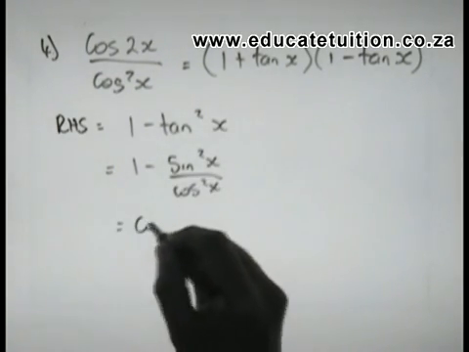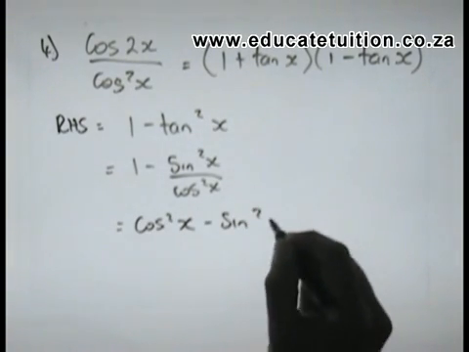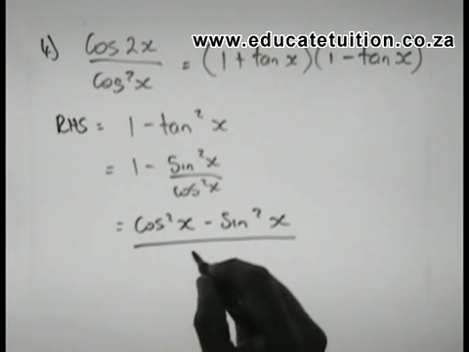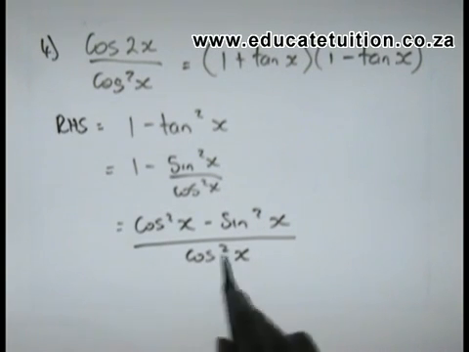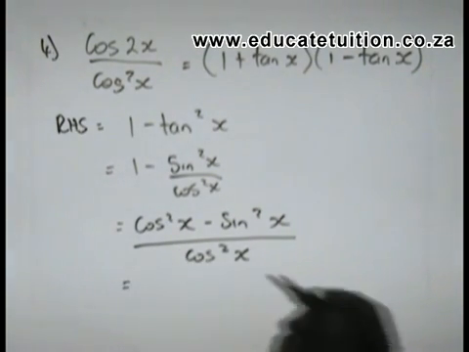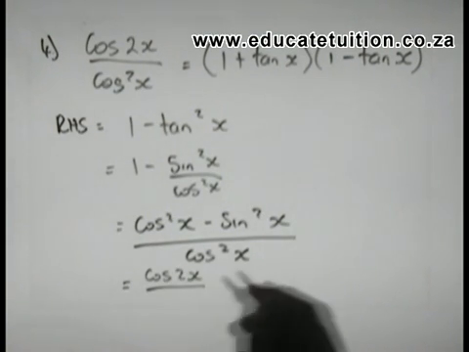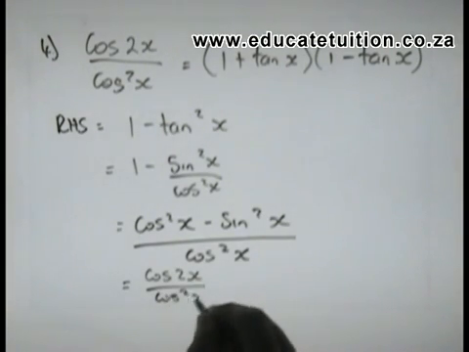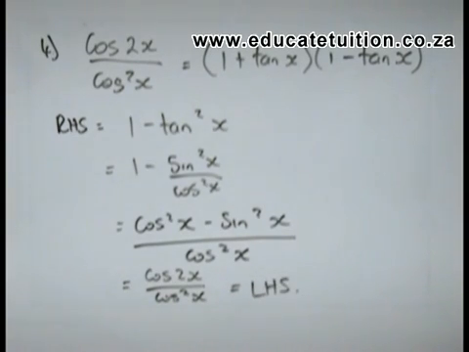This is going to give us (cos squared x minus sine squared x) over cos squared x. Cos squared x minus sine squared x, isn't that equal to cos 2x, so we get cos 2x over cos squared x, which is equal to the left hand side.